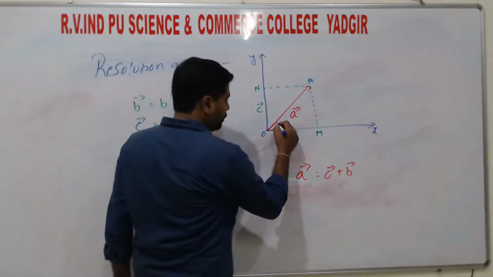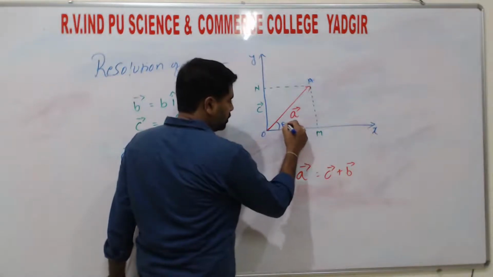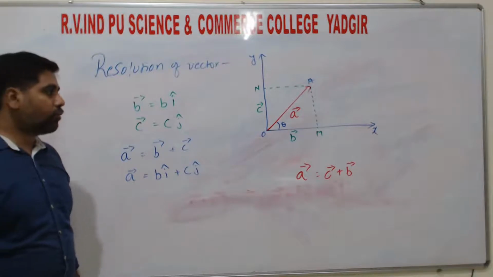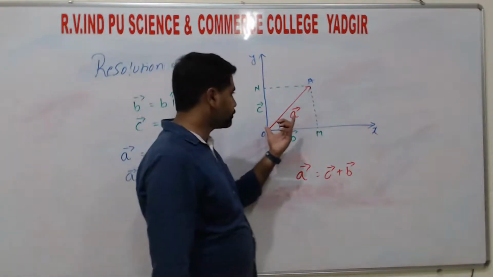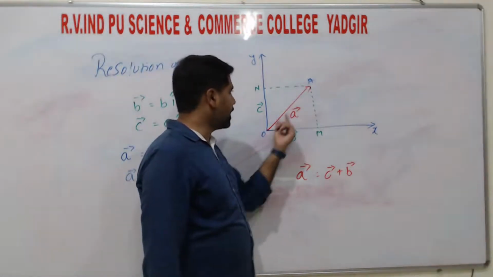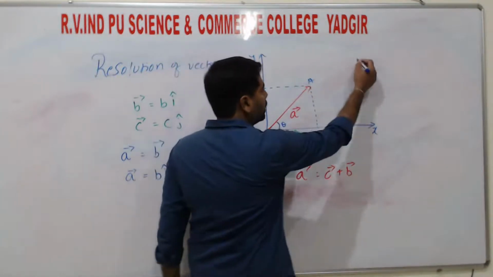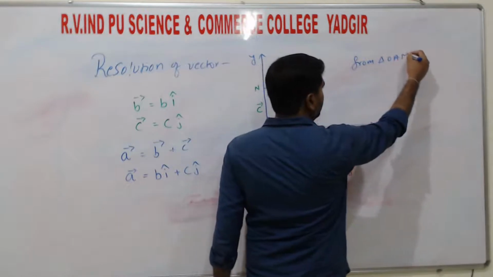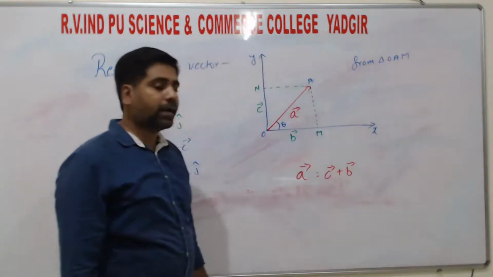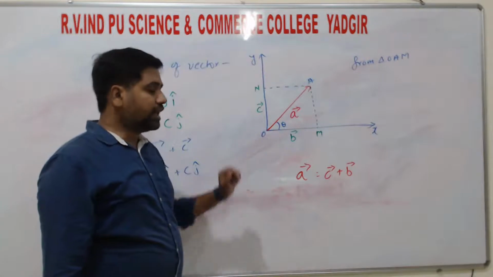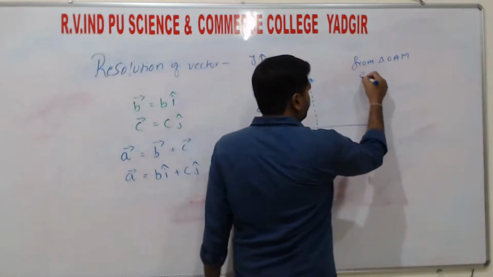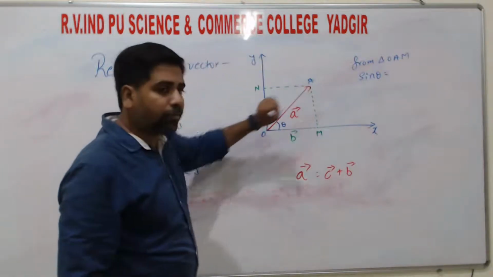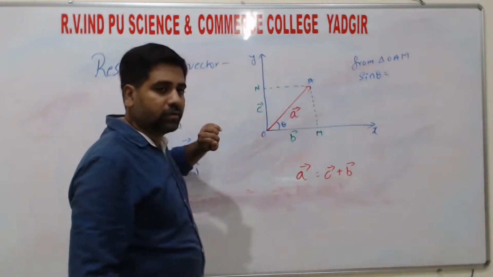Now if this vector makes an angle theta with the x-axis, from the geometry, from triangle OAM, sin theta is equal to opposite by hypotenuse.